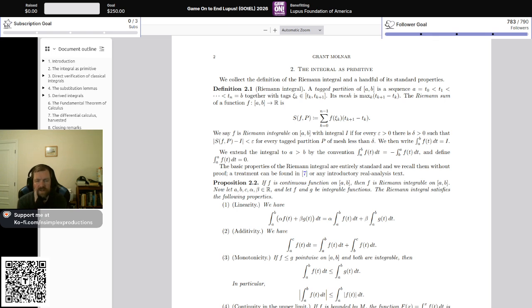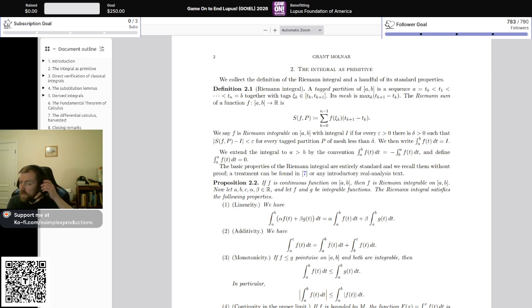If f is a continuous function on a to b, then f is Riemann integrable on a to b. Now let a, b, c, alpha and beta belong to the real numbers. Let f and g be integrable functions. Riemann integrals satisfy the following properties. First, it has to be linear.